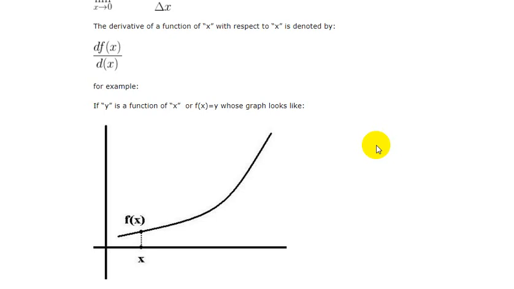So let us understand first what is differential coefficient. For example, this is a curve of any function f of x. You can see here the functional values of f with respect to x are changing with the different values of x, right?